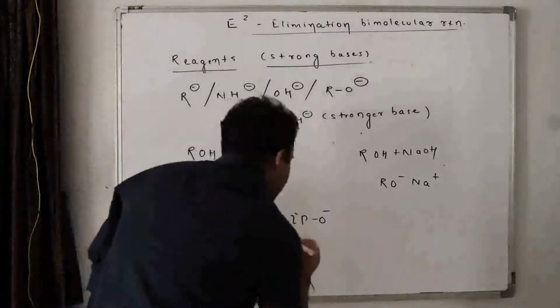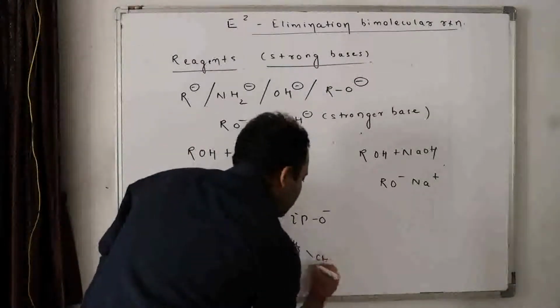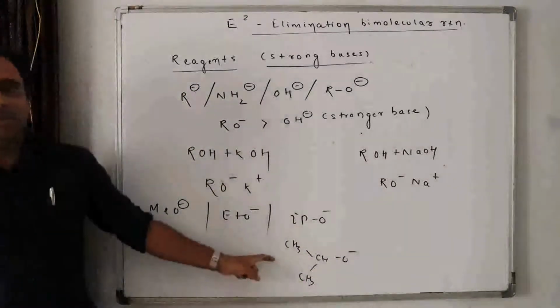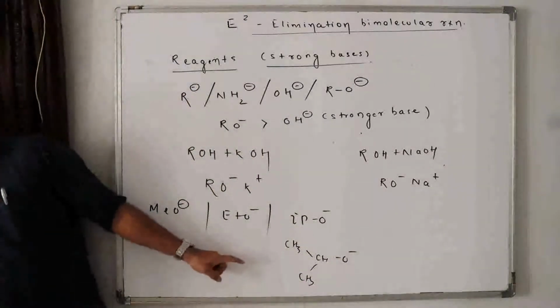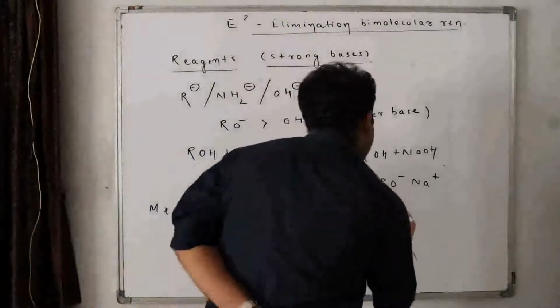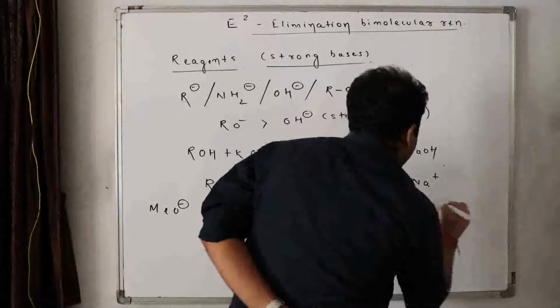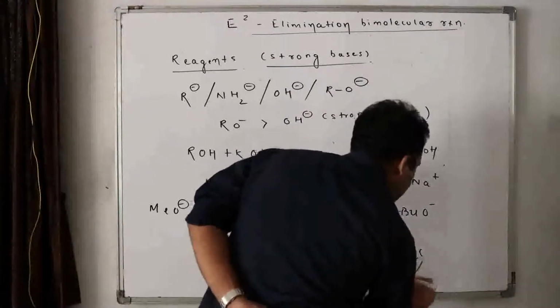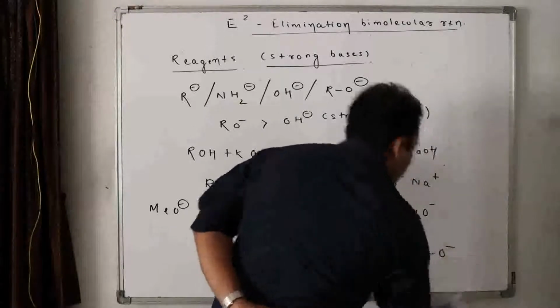It is CH3, CH, CH3, O minus. These are bulky bases. Okay, these are bulky bases. Similarly, tertiary butoxide, CH3, C, CH3, CH3, O minus.